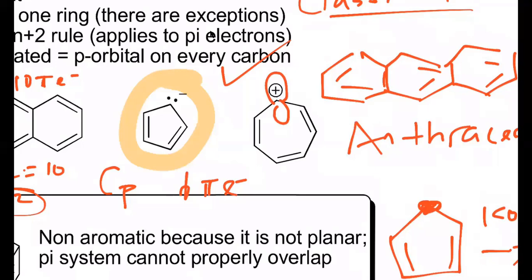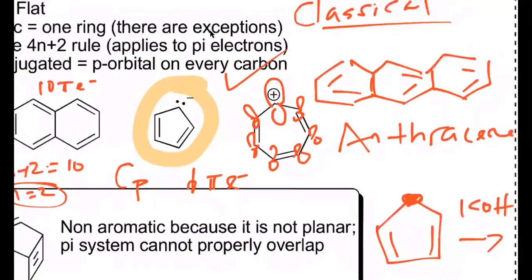So there's a p orbital there, and then we can put the p's all the way around, like so. So is it fully conjugated? Yes, it is. It's fully conjugated, and it meets the 4n plus 2 rule, and it's flat, and it's monocyclic. All right. Any questions so far?